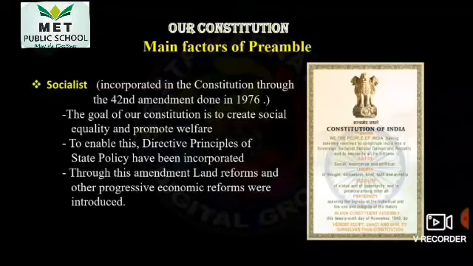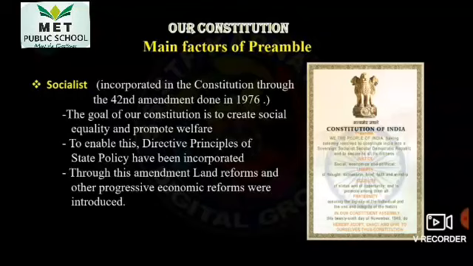Next, what does socialist mean? The word socialist was incorporated by the 42nd Amendment, which was done in the year 1976. The goal of our Constitution is to create social equality and promote welfare. Welfare of the state is the main objective of our Constitution.